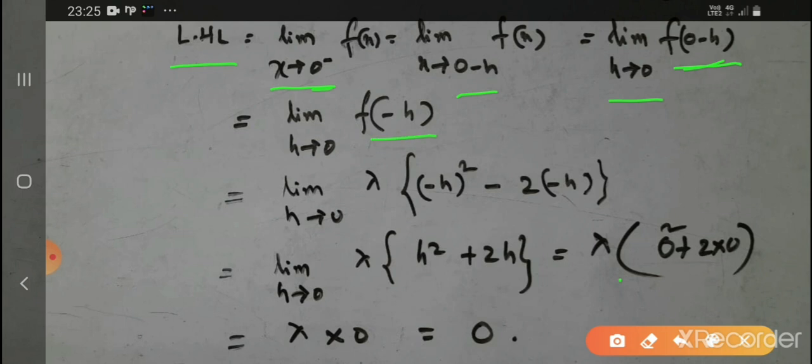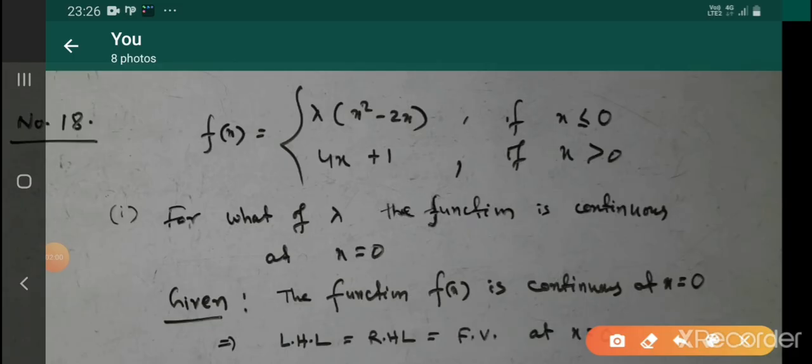For f of minus h, as h tends to 0, h is a very small positive number, so minus h will be less than or equal to 0. So it is defined by the first part of the given function, because minus h is less than or equal to 0.